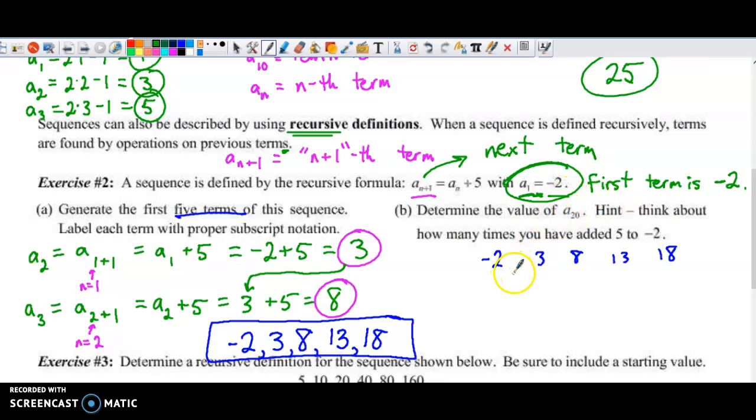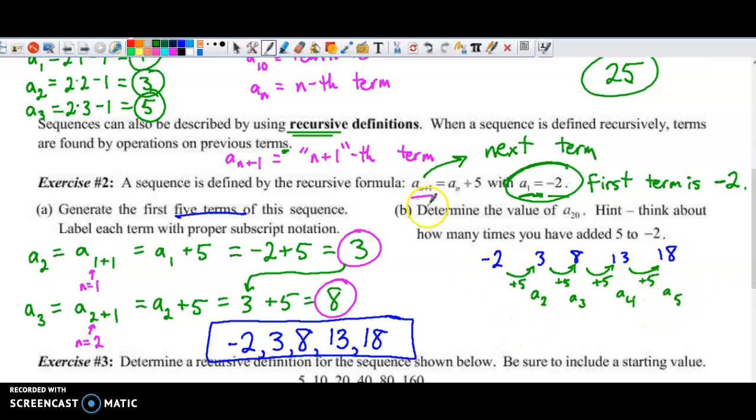Now remember, the second term, that's a sub 2, we only add 5 once. But the third term, a subscript 3, we have to add 5 twice to -2. What about the fourth term? We have to add 5 3 times. And the fifth term, you add 5 4 times.